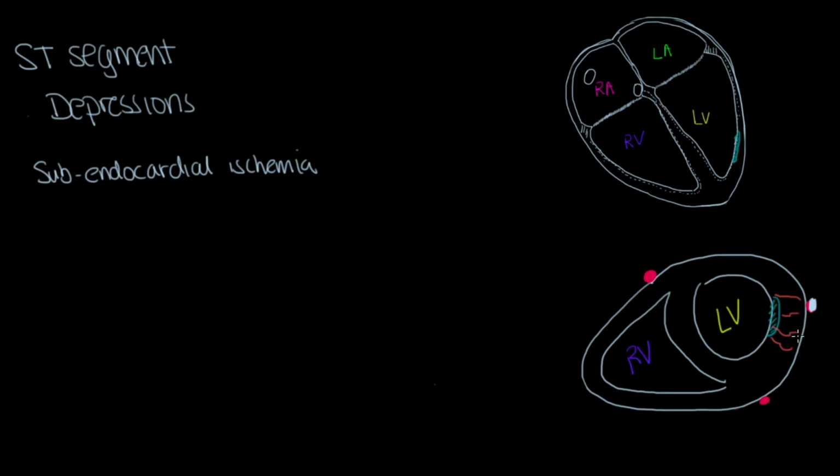By the same token, the biggest pressures are right here in the subendocardial space, so the penetrating blood vessels trying to get to the myocardium here face very high pressures pushing the blood away. If you have less blood supply to begin with, it won't be able to fight against this hydrostatic pressure that's pushing outwards all the time. So that's another reason why this subendocardial region is more susceptible to ischemia when there is a partial occlusion.